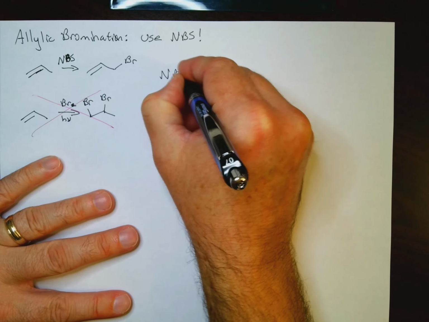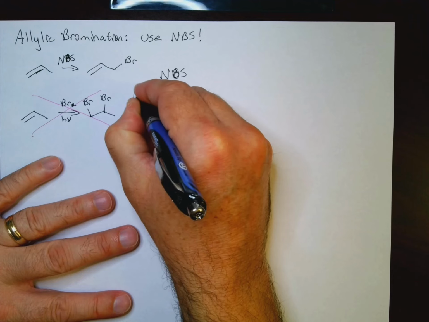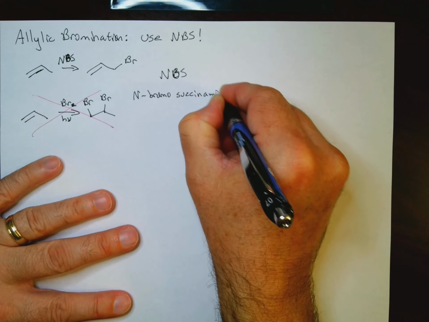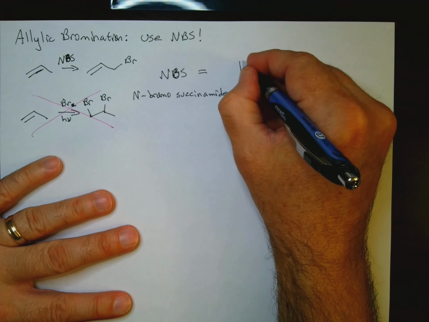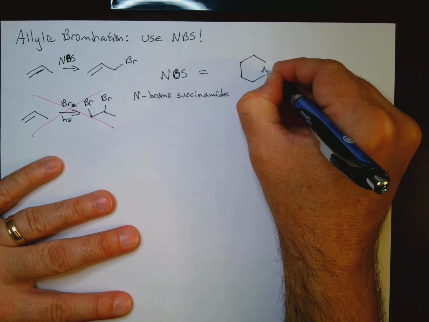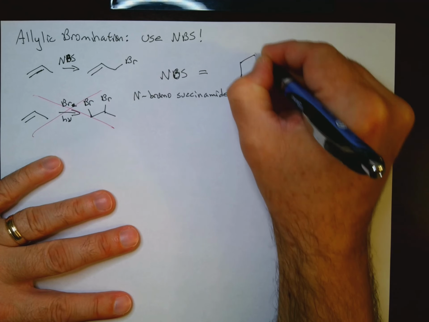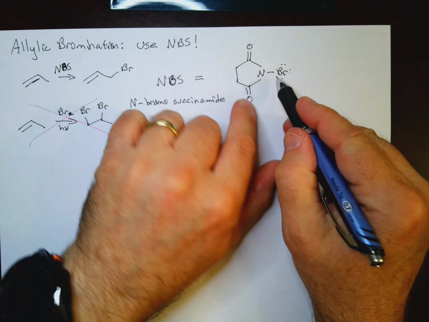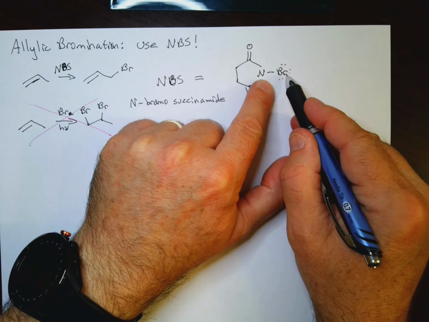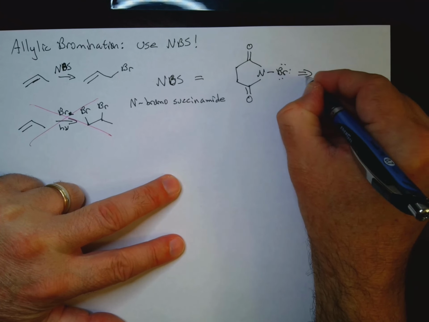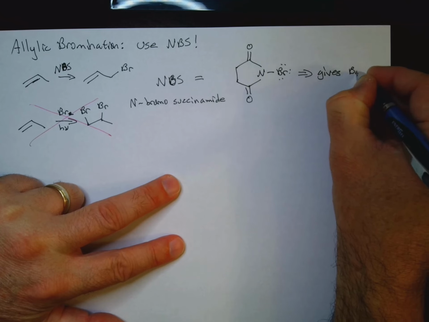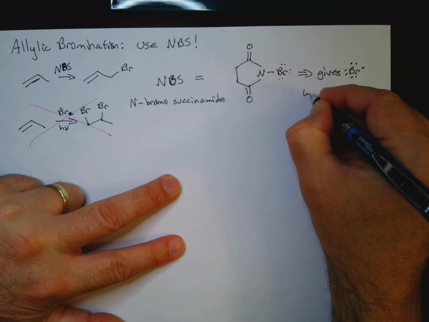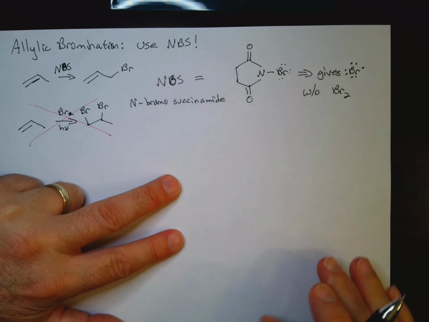So NBS, which stands for N-bromosuccinimide, and essentially what happens is this nitrogen-bromine bond falls apart, and this gives a bromine radical, without any Br2 present.